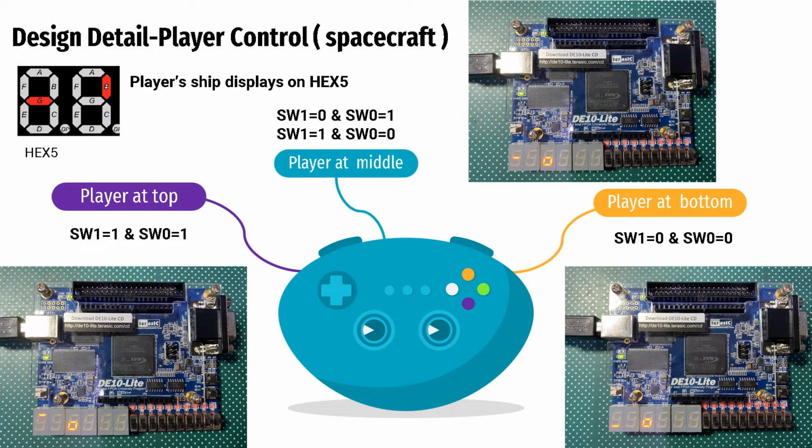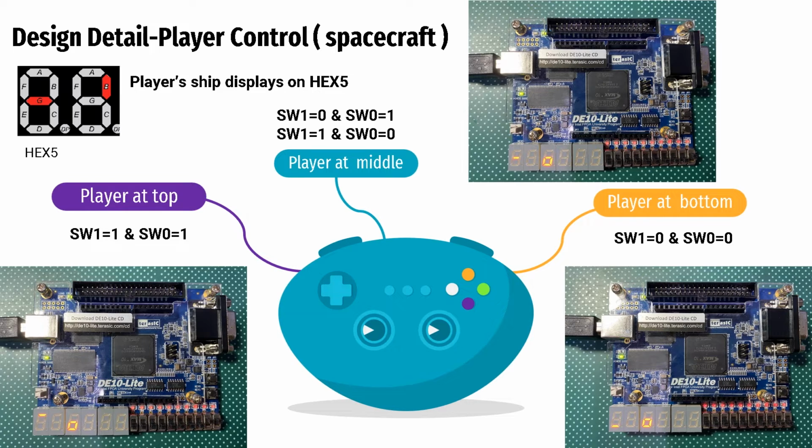Let's talk about the design details. Player control: it will control the spacecraft. We will see the left picture. The player is displayed on HEX5. If we want the player at the top, we switch SW1 to 1 and SW0 to 1.